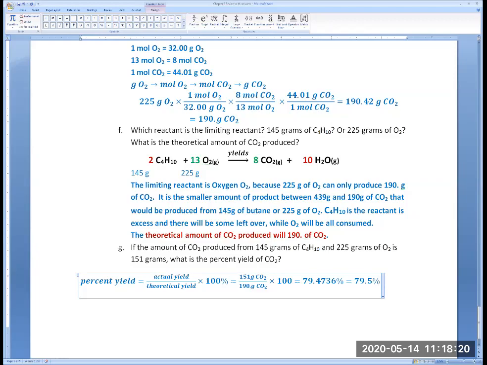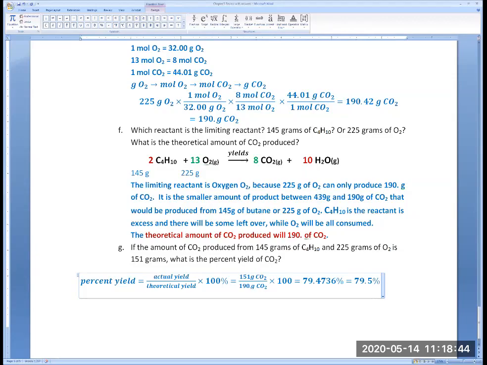So that would be the percent yield of CO2 that you would get, because 151 grams is less than the theoretical amount, and that's typically what happens, right? It's rare that your reactions work 100% and give you exactly the amount you were expecting.